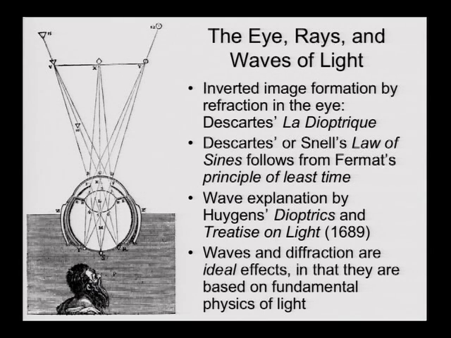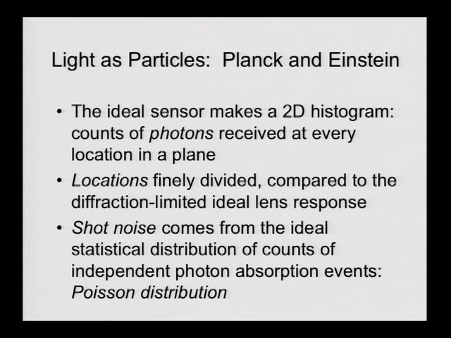So this is where the nature of light going from rays understood in the early part of the 17th century to waves in the later part of the 17th century was a fundamental progress in being able to understand imaging systems. Unfortunately, it kind of got put on hold by a couple of centuries by Newton, who didn't buy into the wave idea at all. So it took a few hundred years to come back.